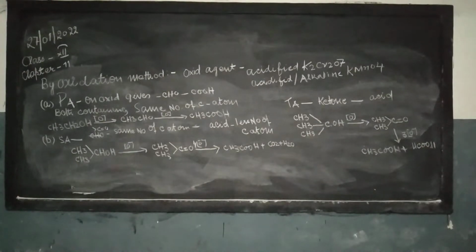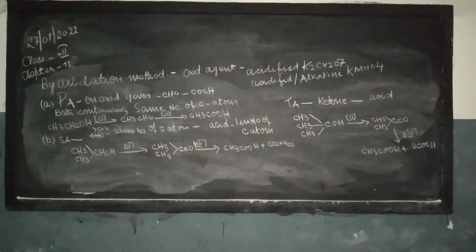Second point, secondary alcohol. Secondary alcohol first gives ketone. What is it giving? Ketone, containing the same number of carbon atoms as in the original alcohol. Ketone on further oxidation gives acid, which contains less number of carbon atoms than the original alcohol.